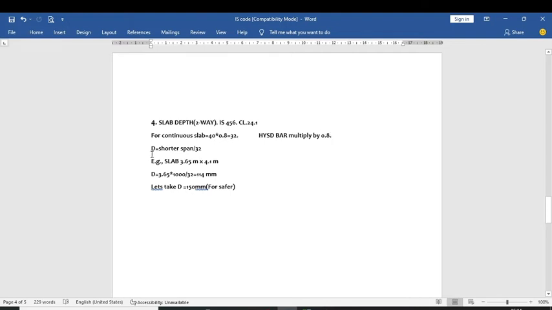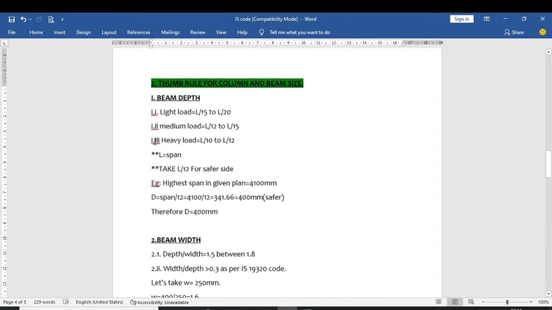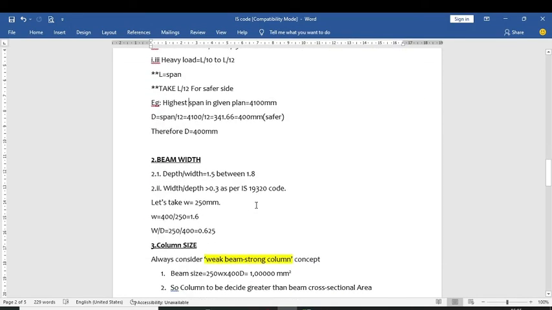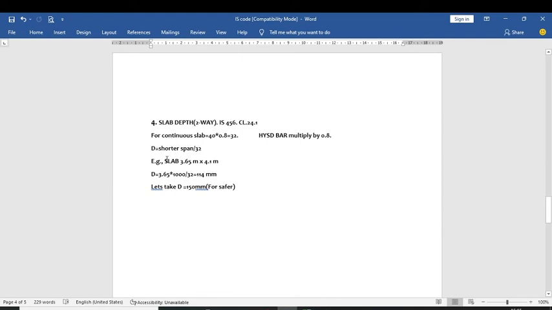In my case, in the above given plan, after deciding the highest span, the highest span is 4.1 by 3750. So I can consider the slab opening as 3.65 meter times 4.1 meter.